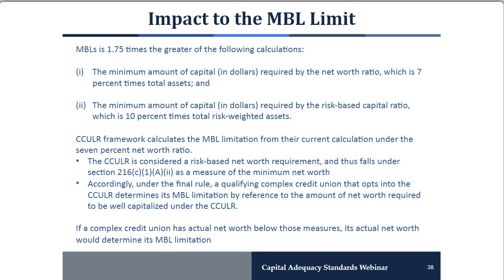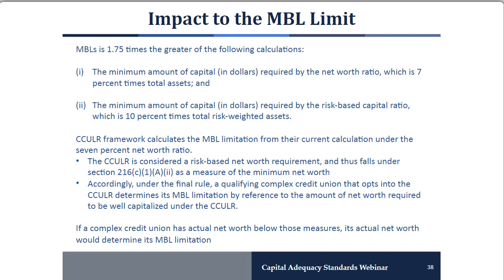In either scenario, if a complex credit union has actual net worth below those measures, its actual net worth would determine the MBL limitation. To summarize, in determining the credit union's MBL limit, you must first determine if the credit union has opted into the CULR framework, or if the RBC ratio remains as their capital standard.